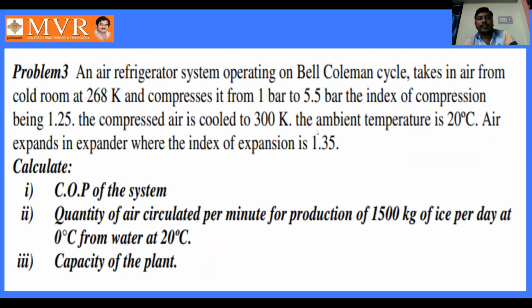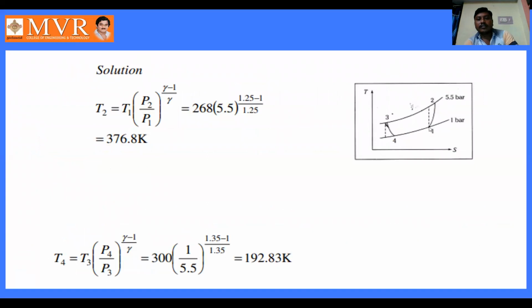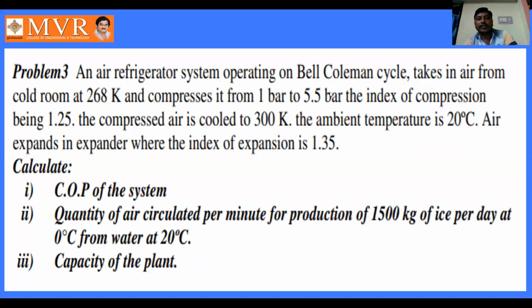Already in the problem we have known that it compresses from 1 bar to 5.5 bar. See the compression process: the initial pressure is 1 bar and the final pressure is 5.5 bar. Hence, we have substituted here the compression ratio P2 by P1 is equal to 5.5. And the gamma value in the problem has been given as the index of compression.